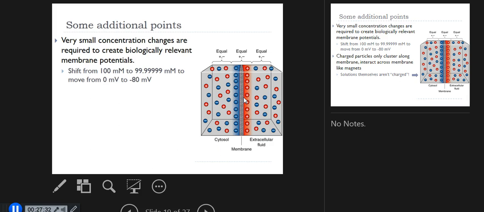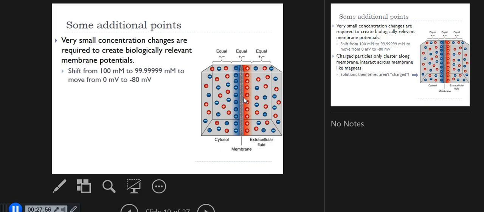really quickly. What your book reports is that you might shift from 100 millimolar potassium concentration to maybe 99.999999 millimolar in order to move the membrane potential from 0 millivolts all the way down to minus 80 millivolts. So while, yes, ions are moving across the membrane, it's almost a negligible amount from the standpoint of looking at concentrations.